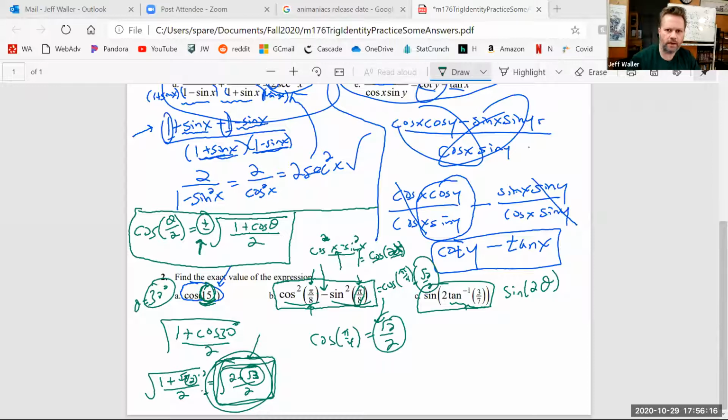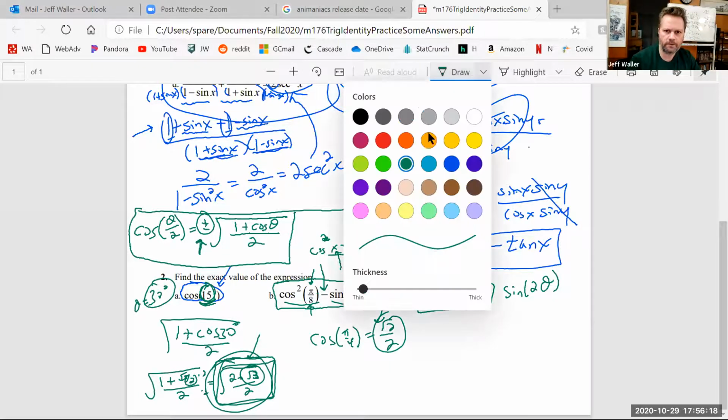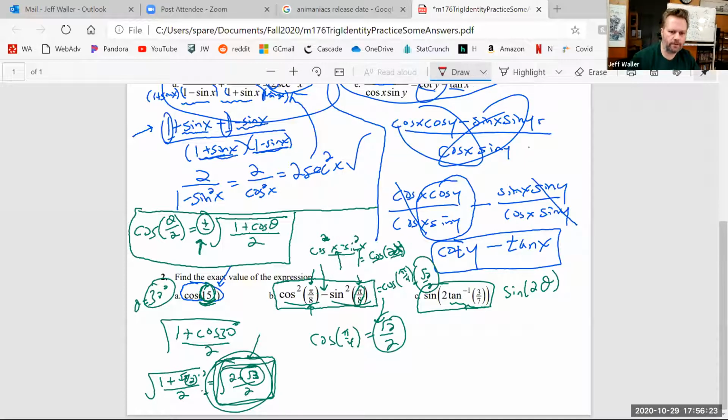The original problem, let's do blood red. All right. The original problem said cosine squared of weirdness minus sine squared of weirdness, right? That's the original problem. What is that equivalent to? That is equivalent to cosine of pi over 4. Is anybody not okay with what I just wrote?